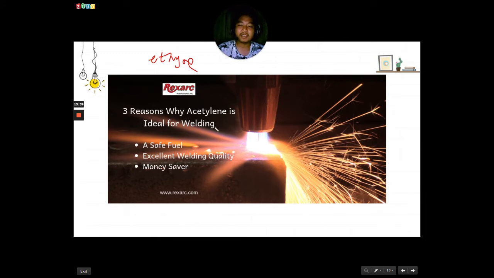Maybe you've heard of acetylene. And acetylene is being used in torching things, specifically para mas familiar in welding. Ito yung ginagamit natin in welding, combining metals or even burning or melting some. It's a safe fuel. It saves us a lot of money unlike using other fuel, and it gives us excellent welding quality.